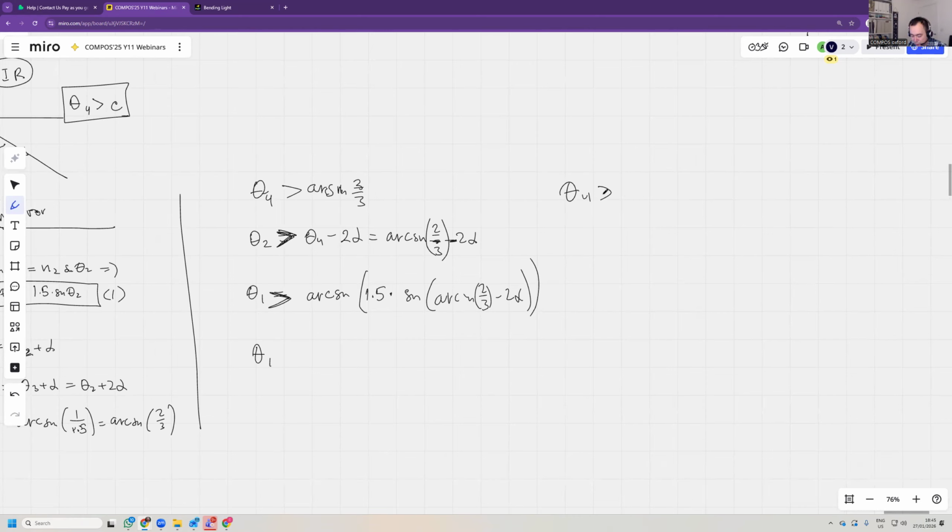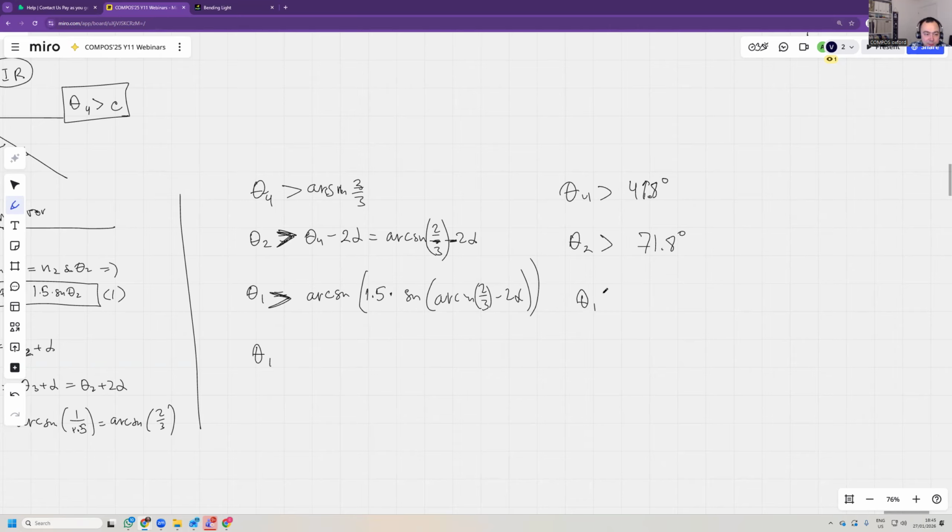Arc sine 2/3 is 42 degrees, because we've already done that. 2/3 is 41.8 degrees. Theta 2 must be greater than that plus 30, must be greater than 71.8 degrees.